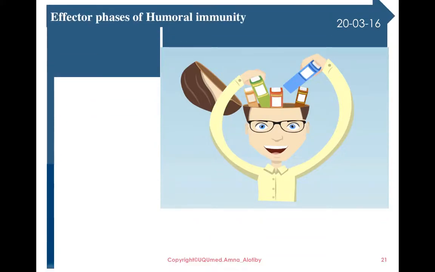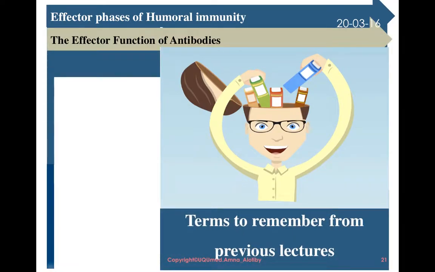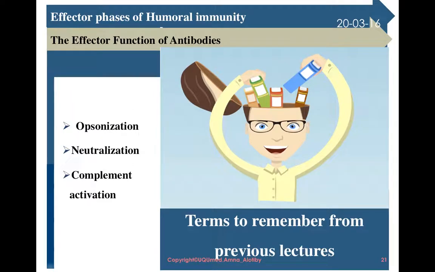Now, once these immunoglobulins are produced, these antibodies are going to perform different functions, and just a few of the terms that we remember from our previous lecture are: these antibodies are capable of opsonization, which is coating the pathogen so that it can be recognized, neutralization of the toxins, bacteria or viruses, the complement activation through the classical complement pathway, and the complement proteins then produce MAC formation, or ADCC, which is antibody dependent cell mediated cytotoxicity.